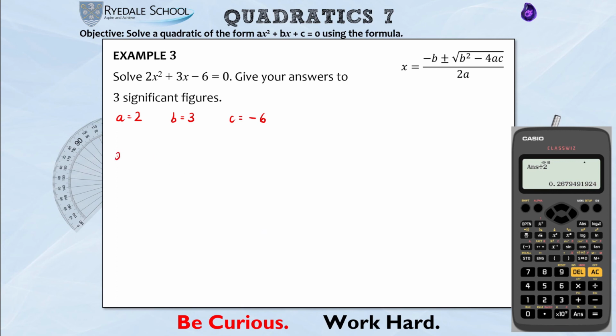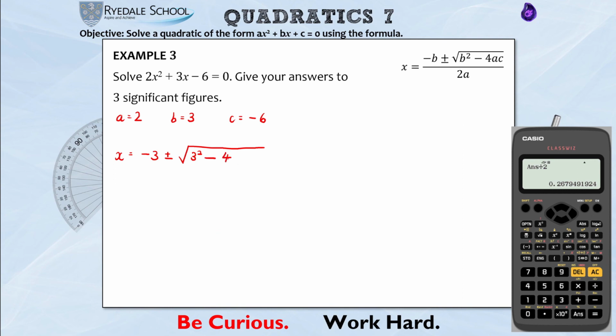So let's substitute the numbers in. X equals minus B. Well, B is 3, minus B is negative 3. Plus or minus the square root of 3 squared. Subtract 4AC.